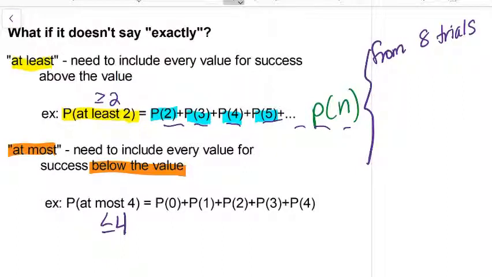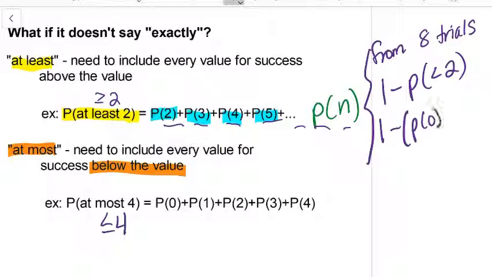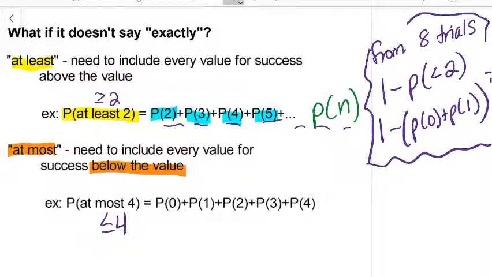You could do the opposite of that though and do 1 minus the probability. The opposite of greater than or equal to 2 would be less than 2. So you would do 1 minus the probability of getting 0 plus the probability of getting 1, and that would be the same thing as the probability of greater than or equal to 2. So sometimes it is easier to use the converse instead.